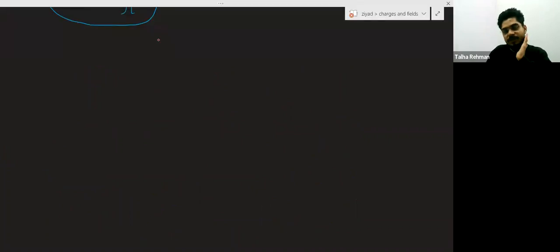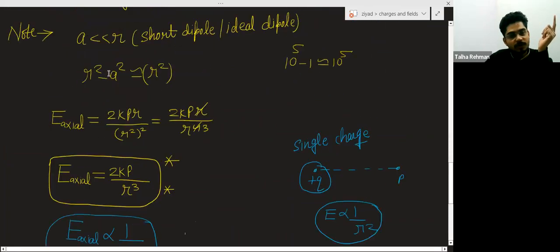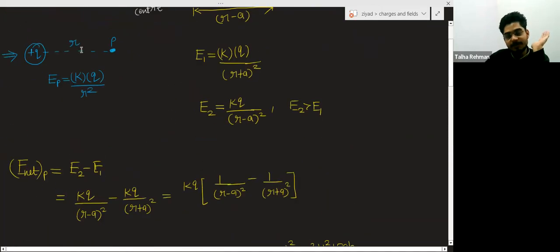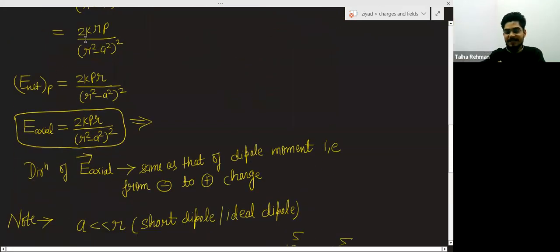So first draw the electric dipole. What do you want to find? The electric field due to an electric dipole, on the axial line of the electric dipole. So draw the electric dipole: minus q charge, plus q charge, separated by a distance of 2a.